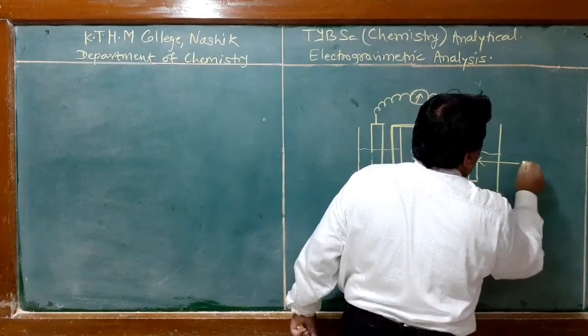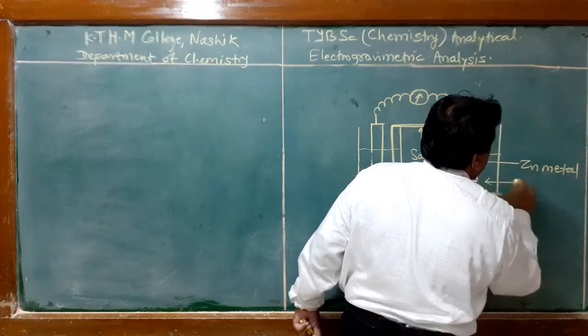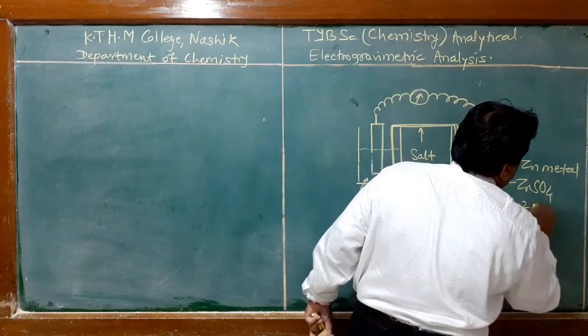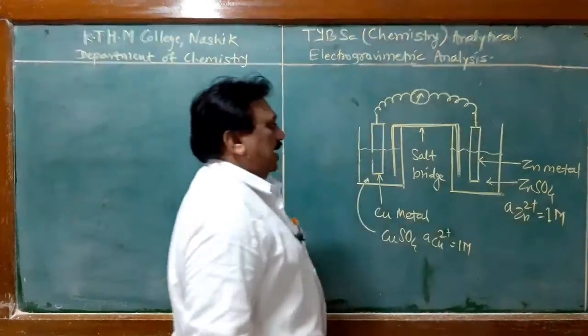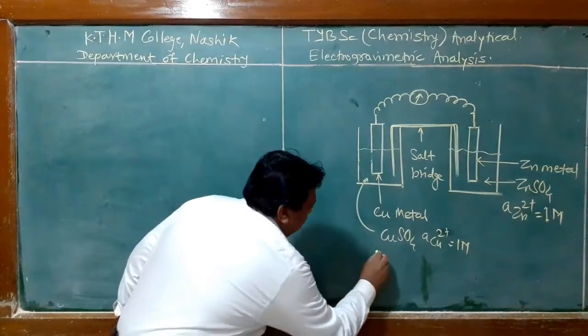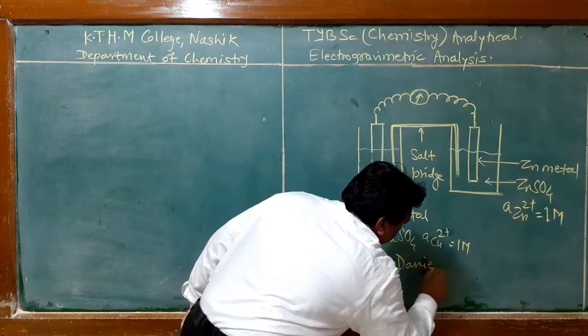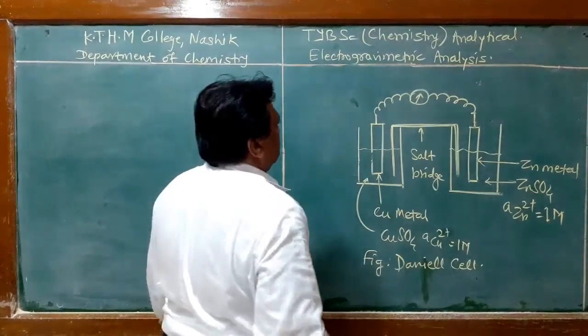This is a zinc rod or zinc metal dipped into a zinc sulfate solution. The activity of zinc ion is equal to 1 molar or unity, and this is the construction of a Daniell cell. Figure: Daniell cell.